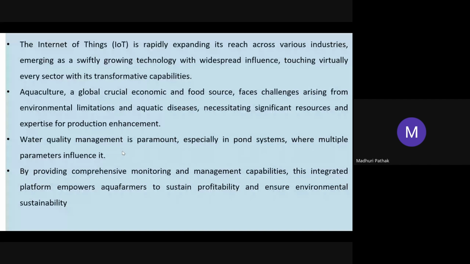So we should carry out aquaculture in such a way that it is profitable and does not even harm the environment by any means. When we talk about environmental sustainability, water quality is of paramount significance.